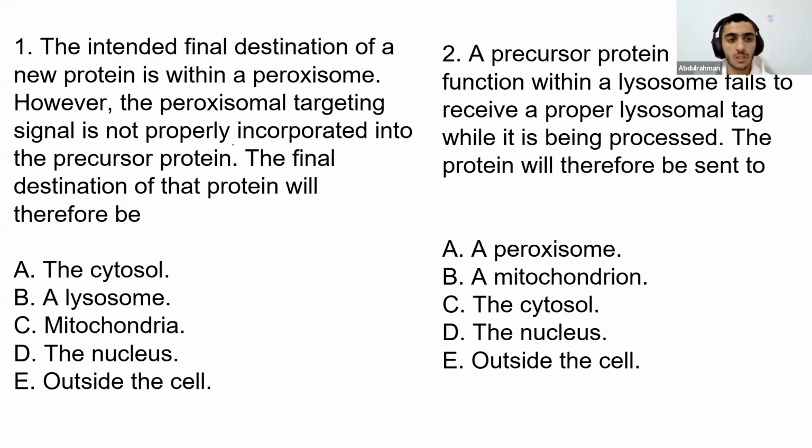However, the peroxisomal targeting signal is not properly incorporated into the protein. What will be the final destination of this protein? I'll give you guys a second to answer that.